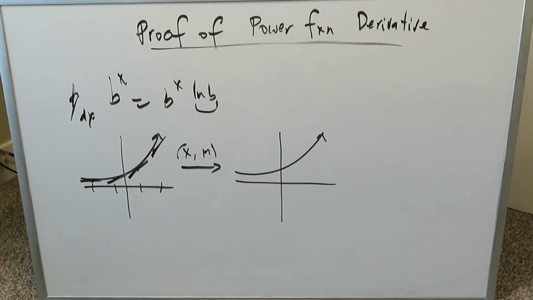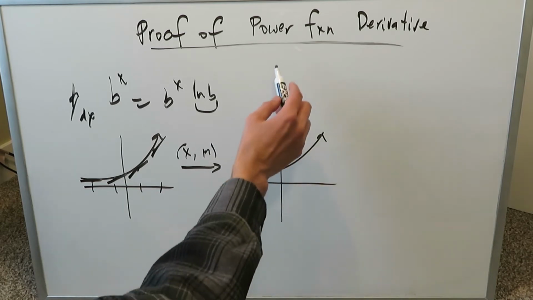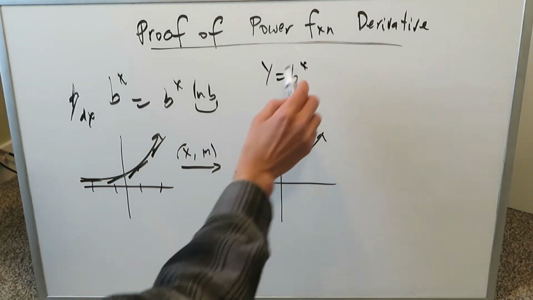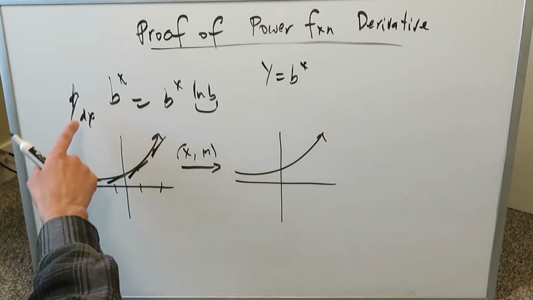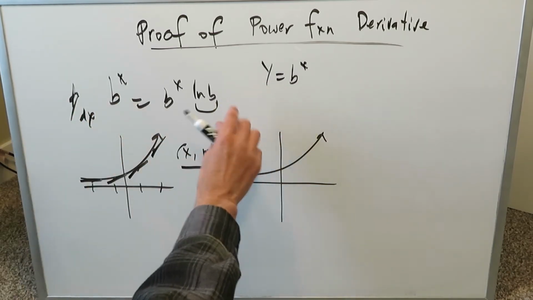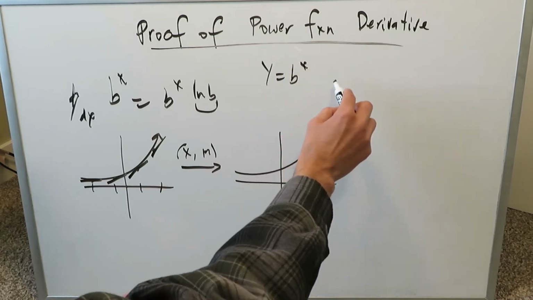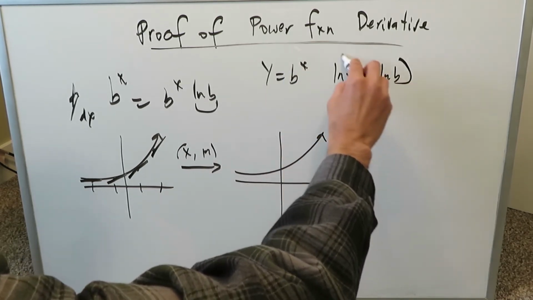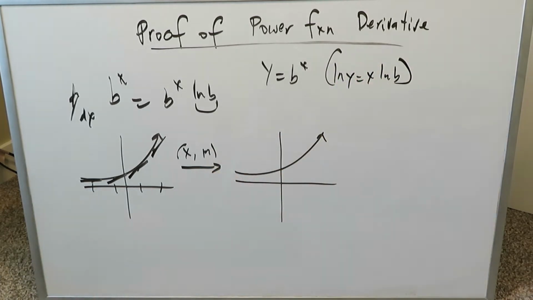But that is not the purpose of this video, because we don't want to do a graphic derivation of this. However, you can look at it an easy way. If y is equal to b to the x, you can use the properties of natural logs: ln y is equal to x ln b. You can do implicit differentiation.